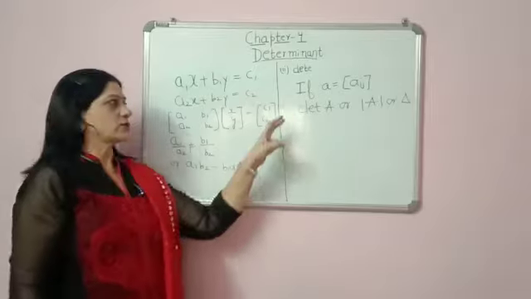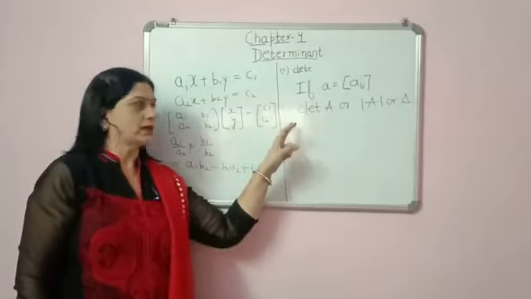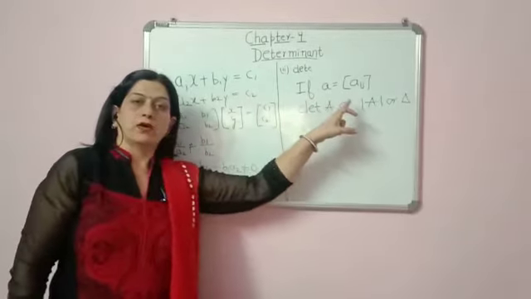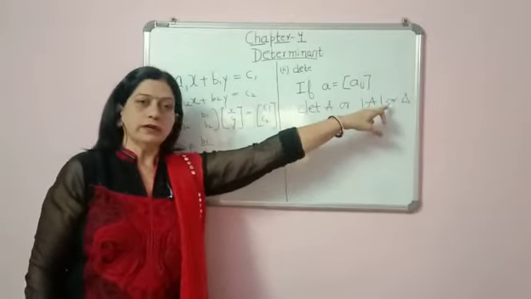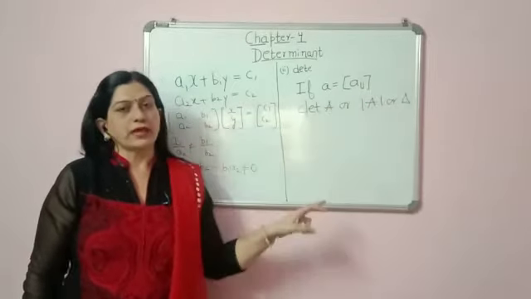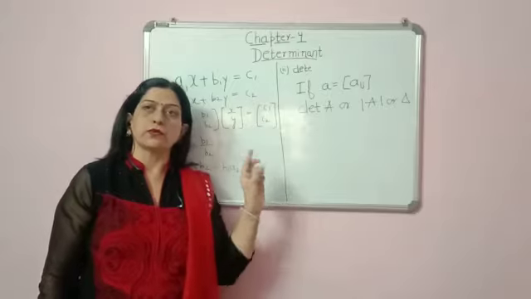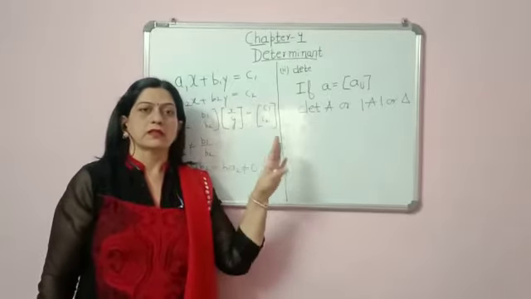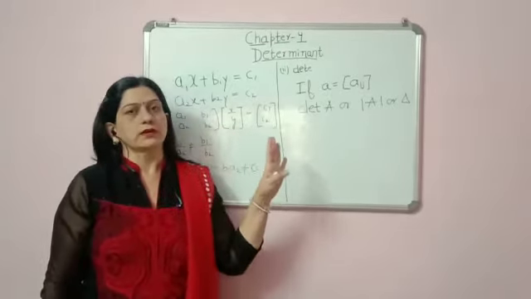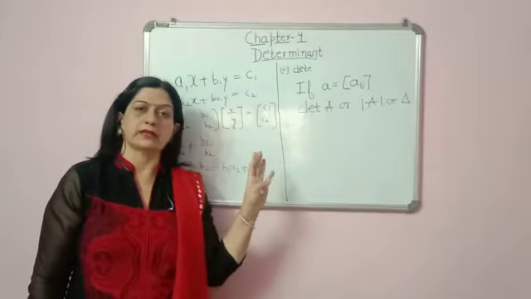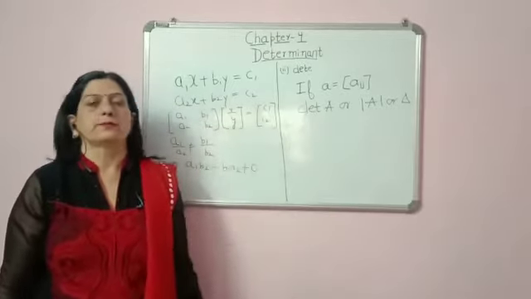So you can find the determinant of only square matrices. This is the first condition required for finding the determinant of any given matrix.